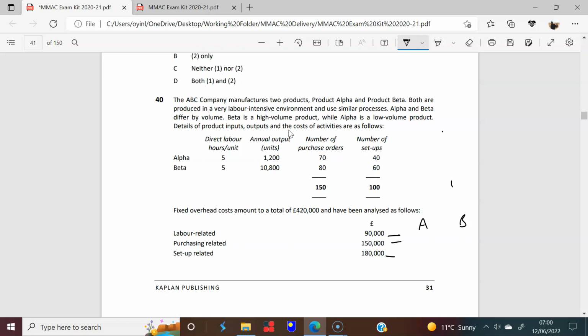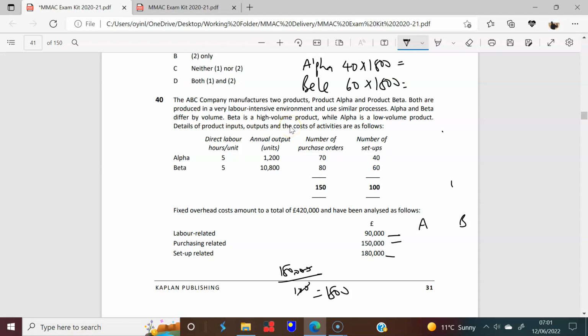If you look at setups over here, it says that there are 100 setups in total. So I can find what the overhead is per setup. That's 180,000 divided by 100, so that's 1,800 a setup. In total, alpha had 40 setups, so alpha had 40 times 1,800, and beta had 60 times 1,800.